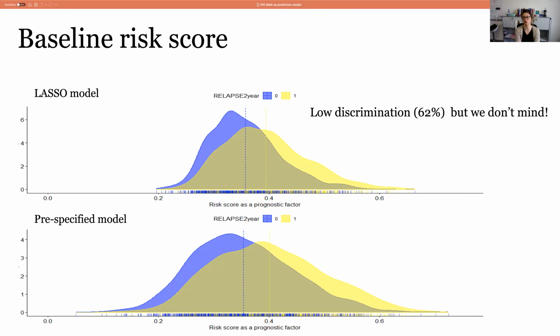That's not impressive, of course, but we don't really want to accurately predict at this stage the risk of relapse in 2 years. We only want to summarize all the possible predictors, age, sex, EDSS, and so on, in a single variable. Other models that have used the same approach have also claimed that even a low discrimination could lead to a good prognostic ability for the risk score, but we will see that.